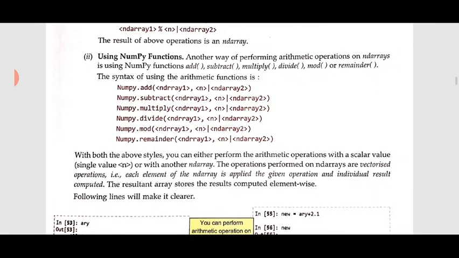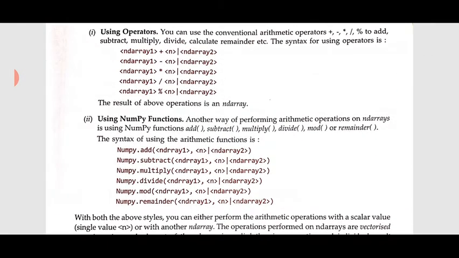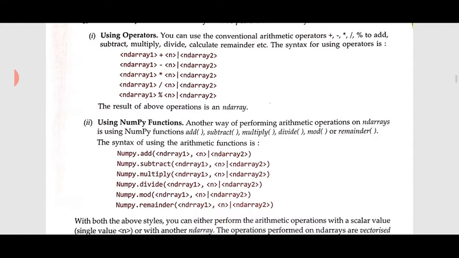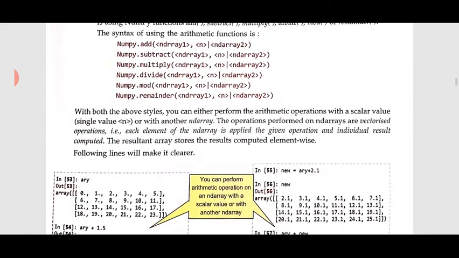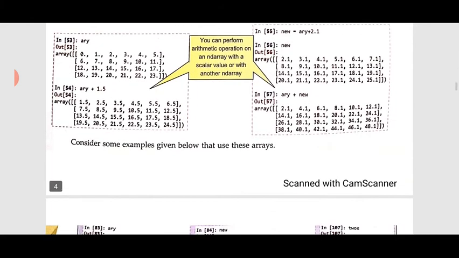So see, in total 1 2 3 4 5 6, and here also 1 2 3 4 5. Just go through the example. Here we can see all the elements of ary, our previous 2D array ary having elements 0 to 23 in the shape of 4 comma 6, meaning 4 rows and 6 columns.